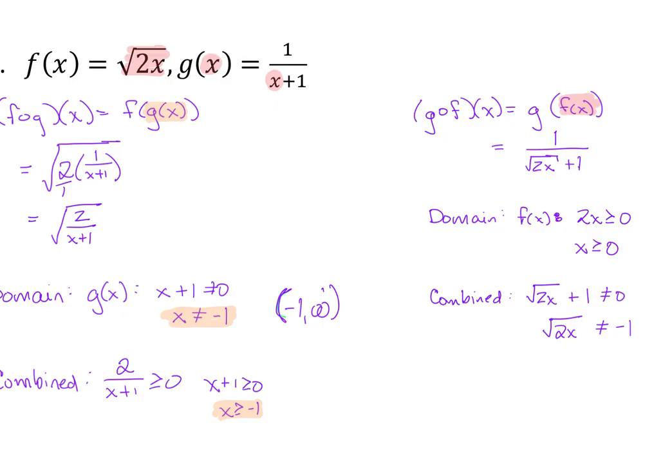And that's not going to happen anyway, because we are only plugging in numbers greater than or equal to 0. So this is never going to equal -1. And so for this, my domain is just the domain of the f of x function, the function that we're plugging in.